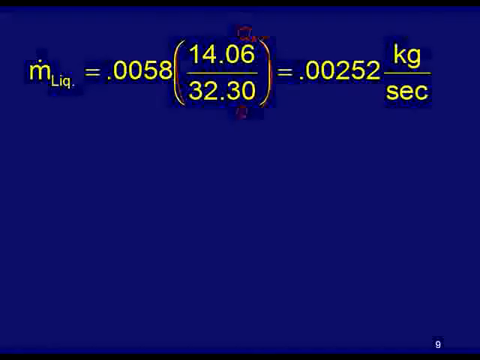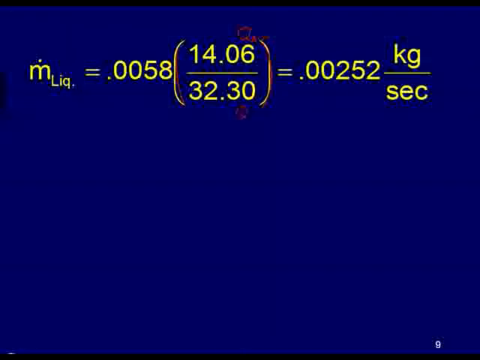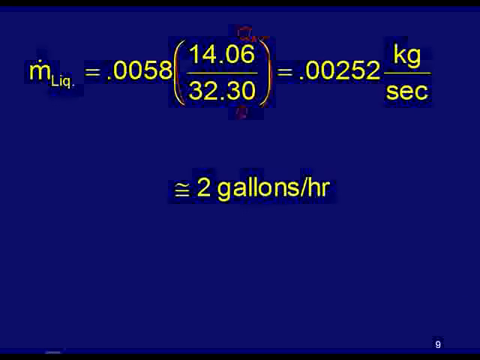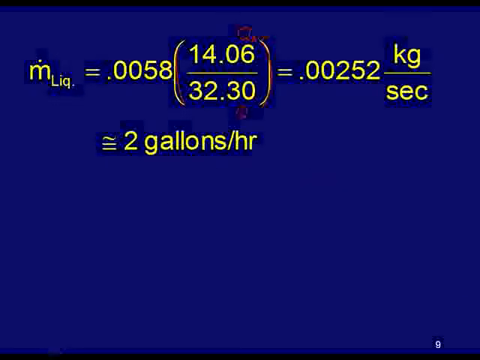So if we ratio those out, we should be able to find the amount of water that's actually flowing out of this process. So our amount of water comes out to 0.00252 kilograms per second. And if we scale that up, we find that's about 2 gallons per hour.